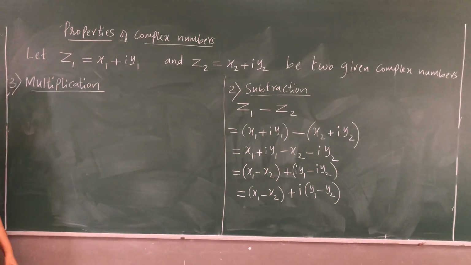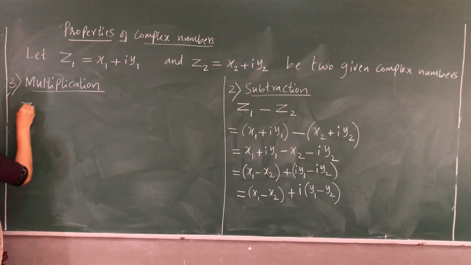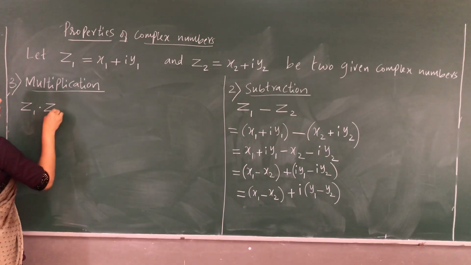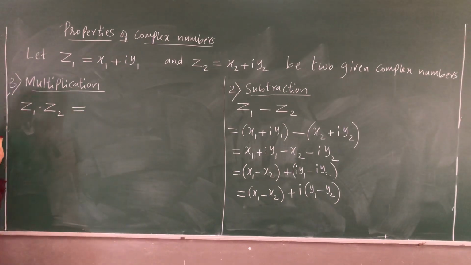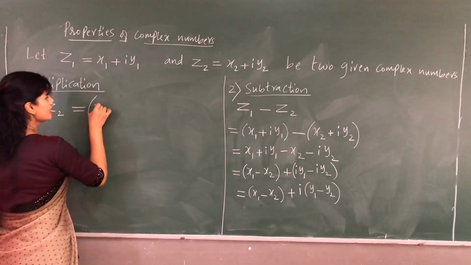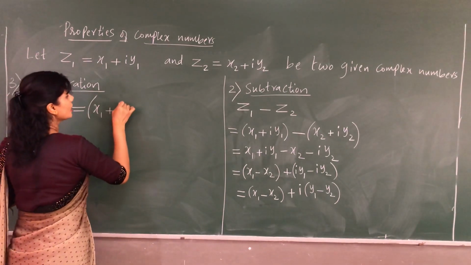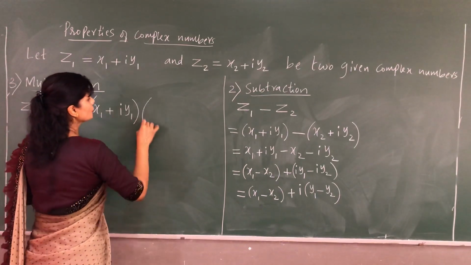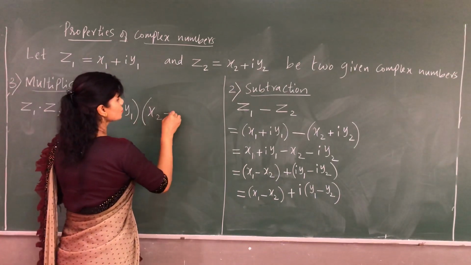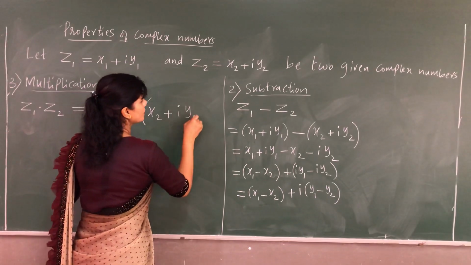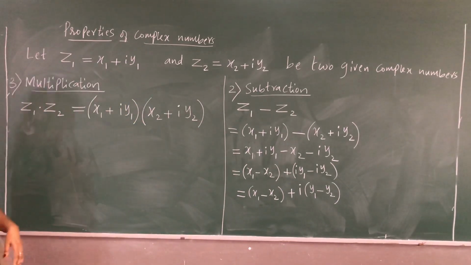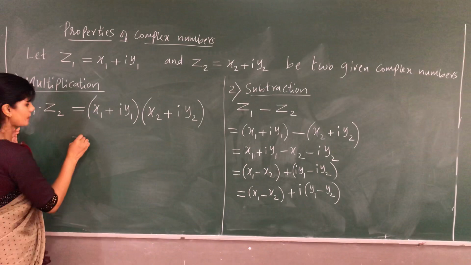So I have to multiply z1 into z2. Okay students, z1 is x1 plus iy1 into z2, which is x2 plus iy2. See carefully, students, how to multiply.